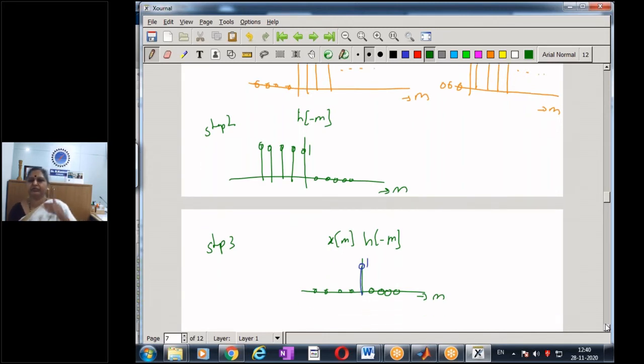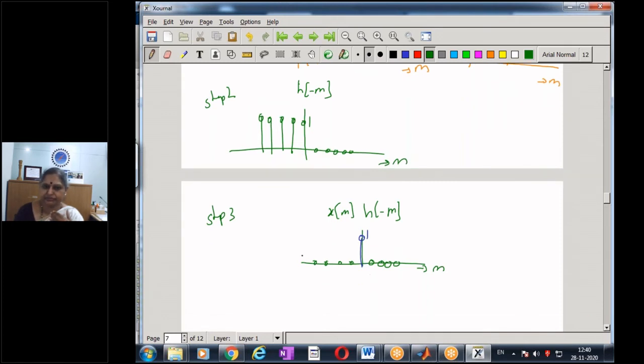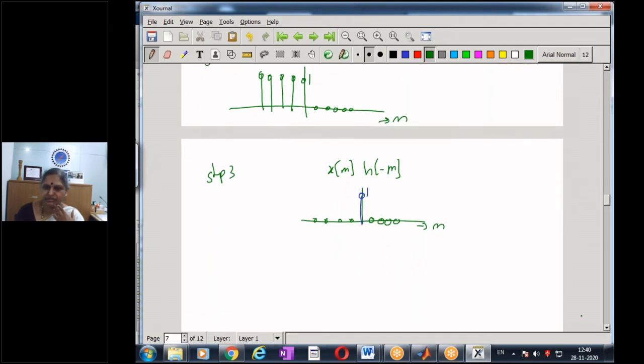Directly from the convolution sum, when I put n equal to 0, this is what I get. And now after sketching the product, I need to compute the sum of the above product. I get the value of the output at n equal to 0, y of 0, by evaluating the sum of the product x of m, h of minus m.